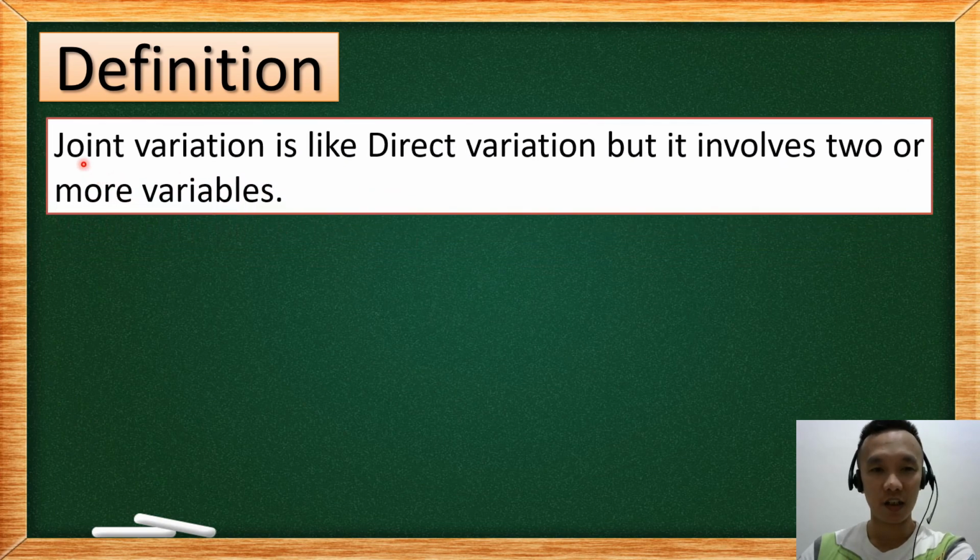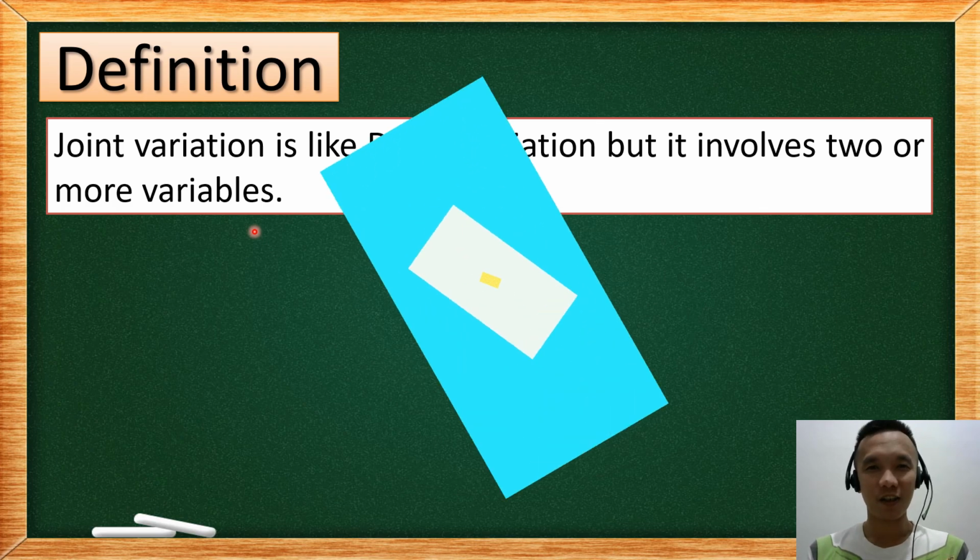A joint variation is like a direct variation, but it involves two or more variables. That is why I let you see the picture of a guy with two girls. It means the guy is polygamous, that he has two or more girlfriends. It is like a joint variation.